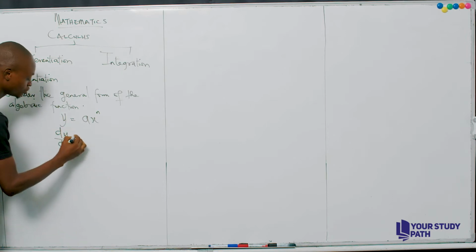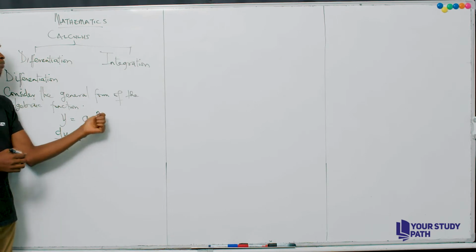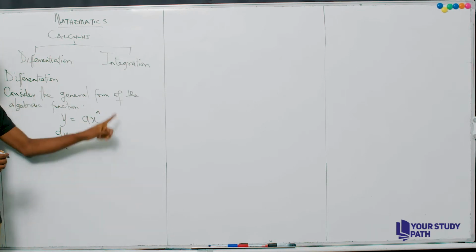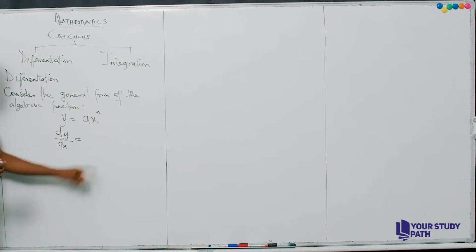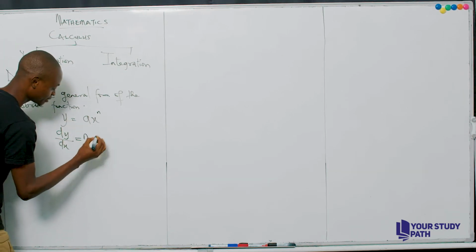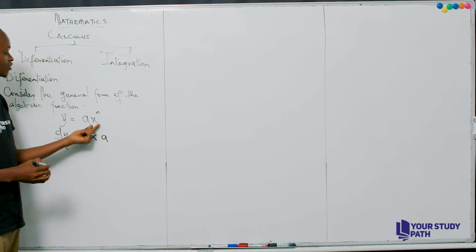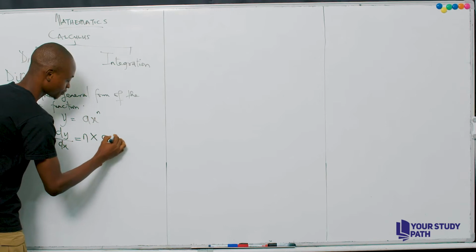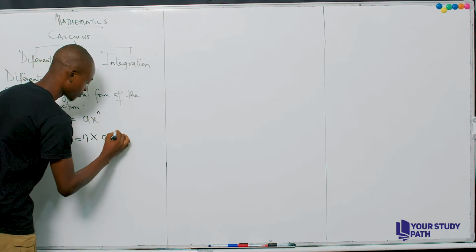And how do we do this for this simple algebraic case? We take the power and use it to multiply the coefficient. So we take n multiplied by a, then we write the base, and then from this power we subtract 1.